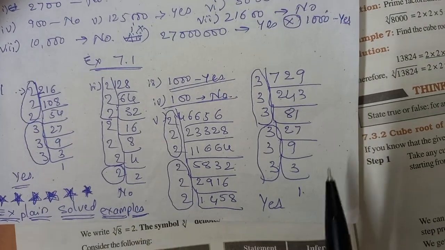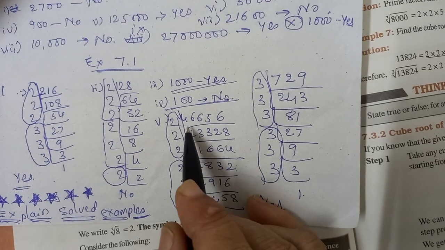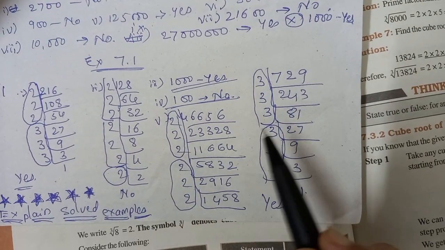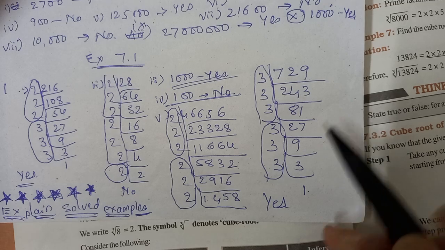And what about the fifth one? 446,656 by continuous division like this.